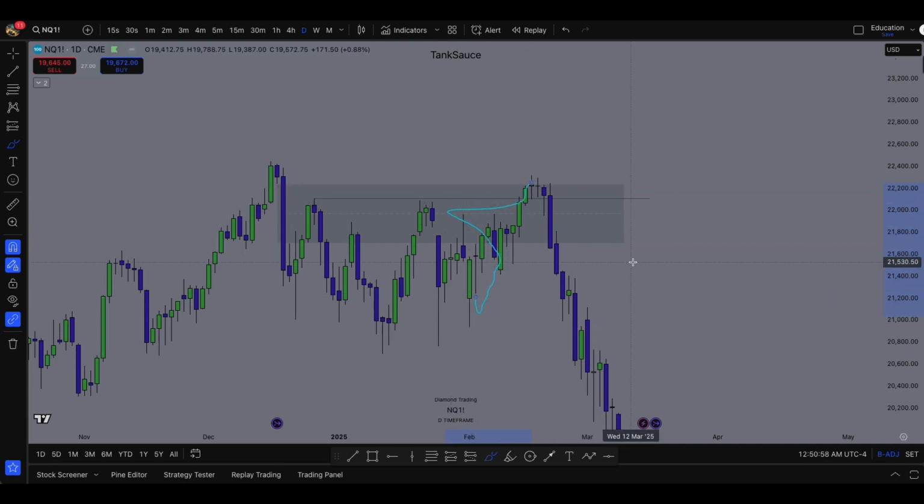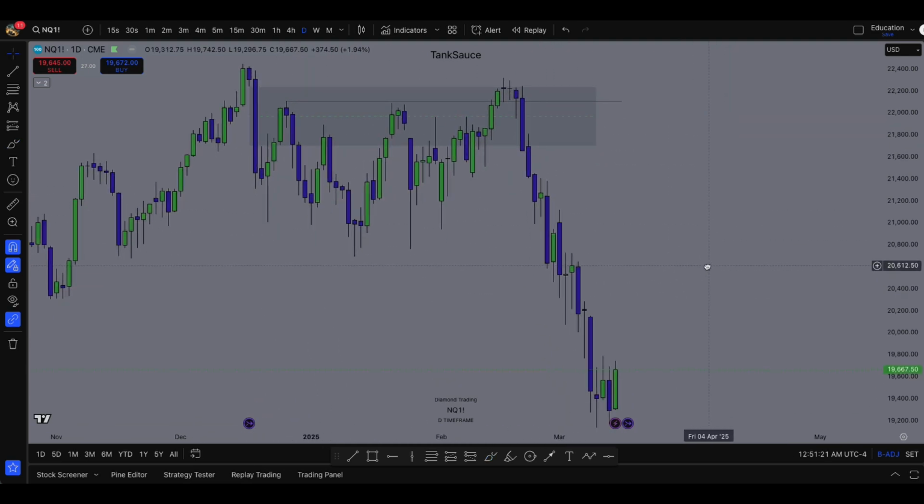And then what else does price want to do? Well, price likes to rebalance imbalances. And what are imbalances? Imbalances are these price legs where we just move one direction. Or an FVG is a form of an imbalance, right? So here we completely rebalanced this fair value gap before we reversed and came down.